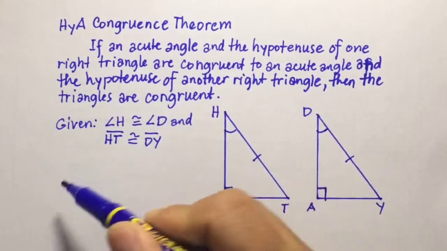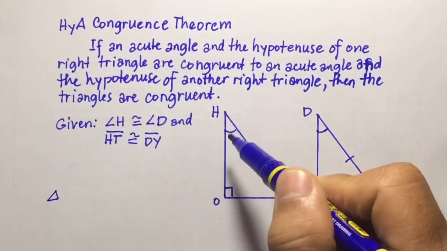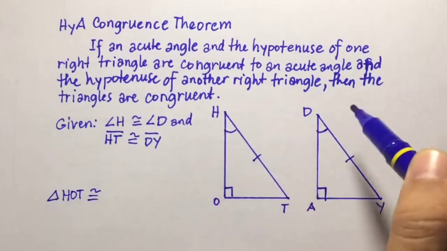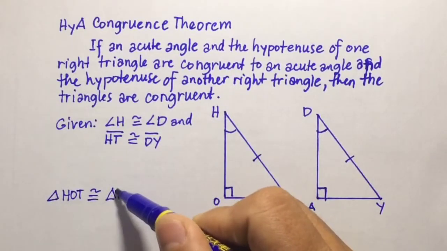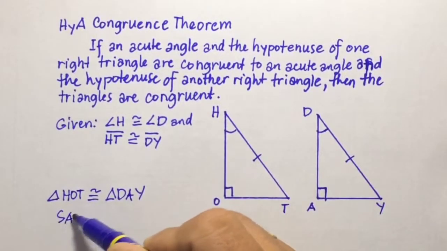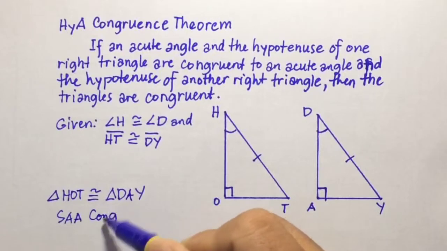So we can say that triangle HOT is congruent to triangle DAY using the SAA congruence postulate.